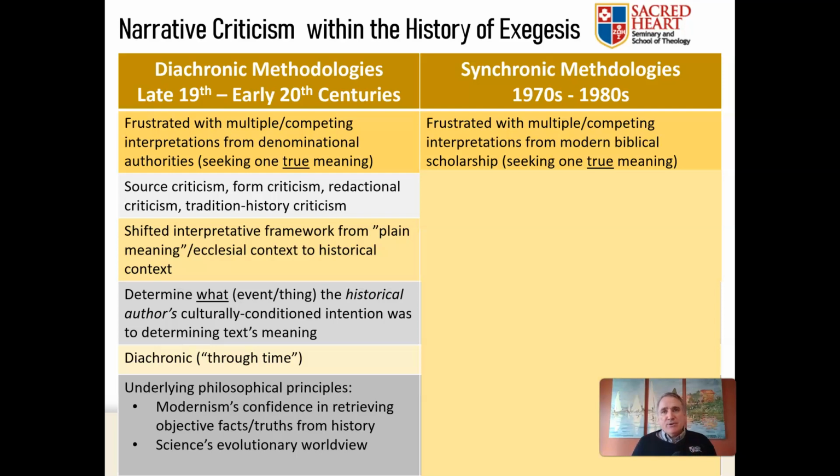You didn't have uniform conclusions. And this frustrated many of the biblical scholars, because that was the goal. The goal was to find the real meaning, the one, which was in some ways defined as one meaning.